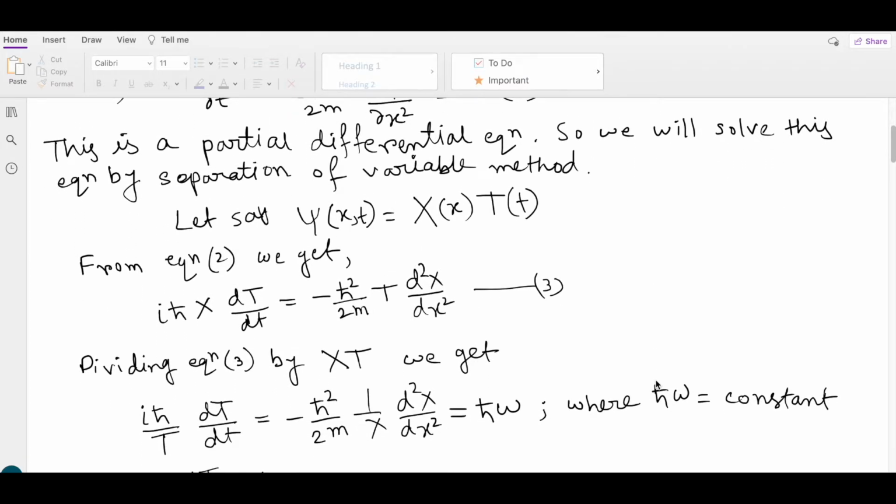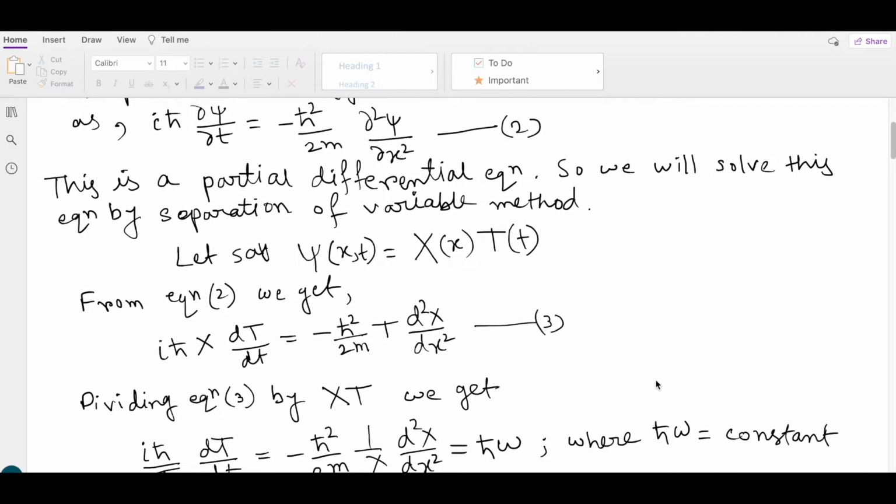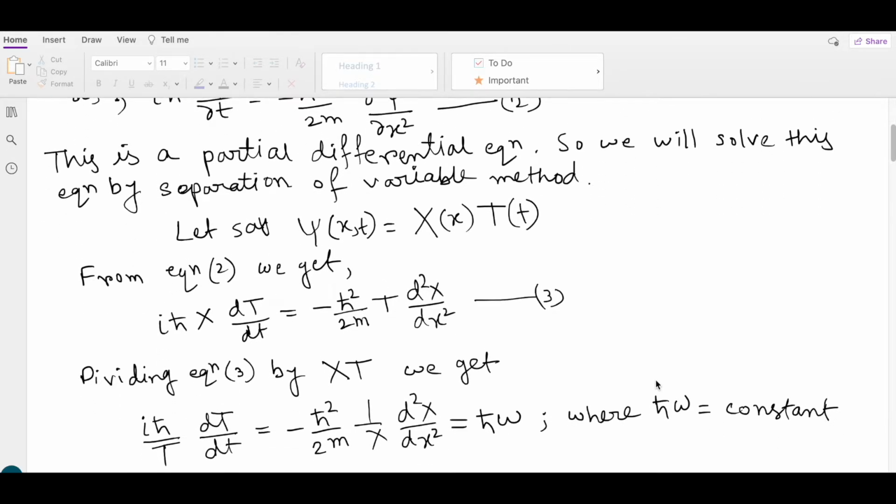Let's say ψ can be written as X times T, where X is only a function of x and capital T is only a function of t, or time. From equation 2, after putting ψ = XT, we get this equation 3.